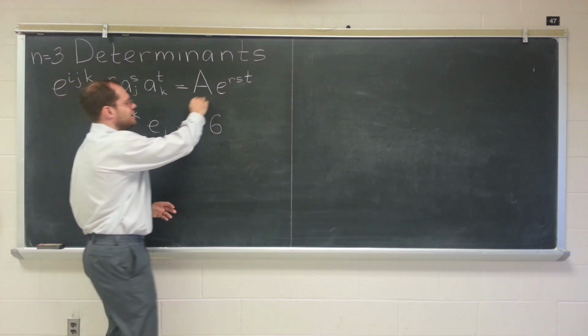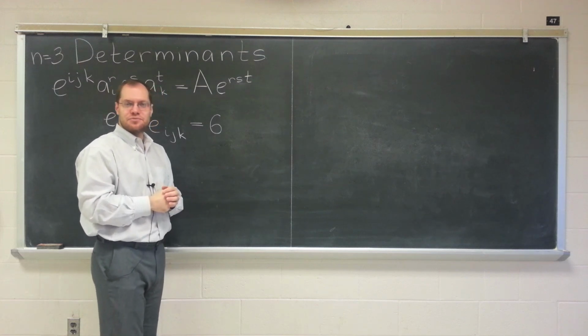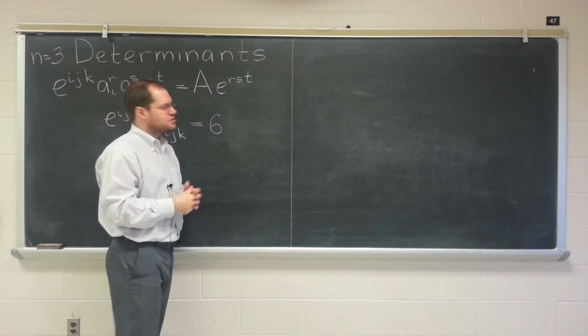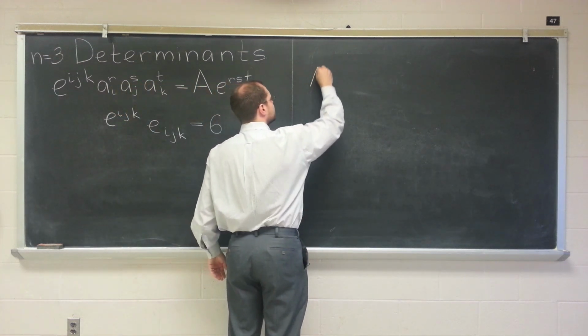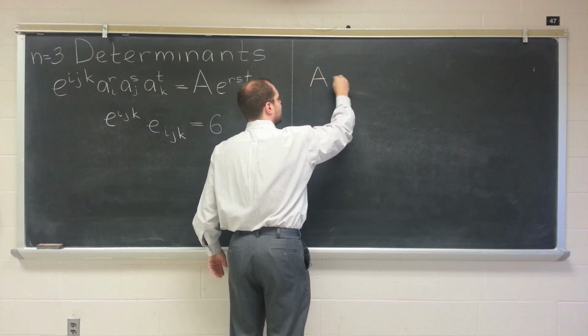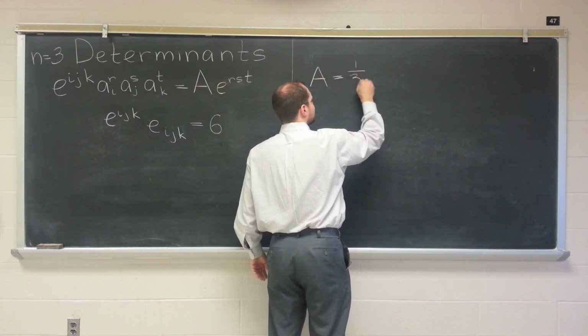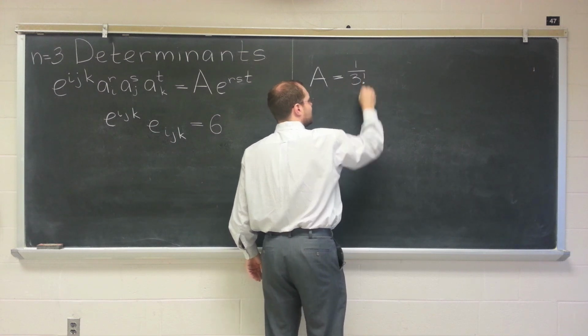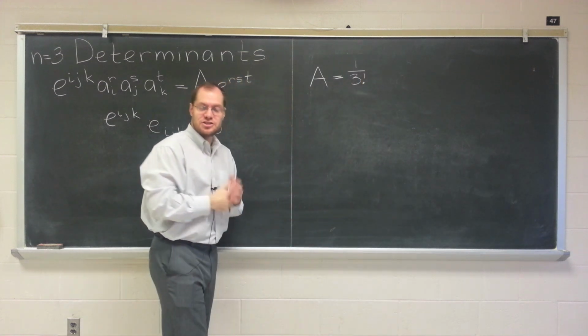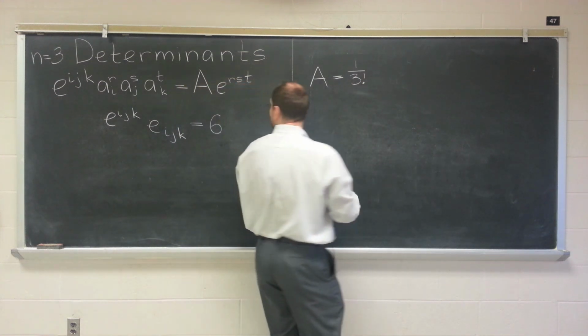And here we would have 6A, 3 factorial A, which allows us to write that A equals 1 over 3 factorial, better than writing 6 because it gives you a clue as to how this expression generalizes to a greater number of dimensions.